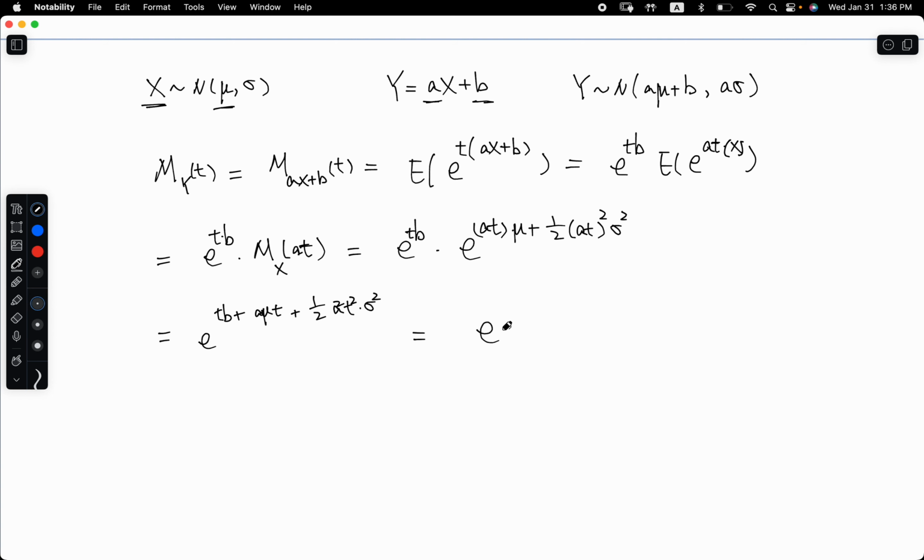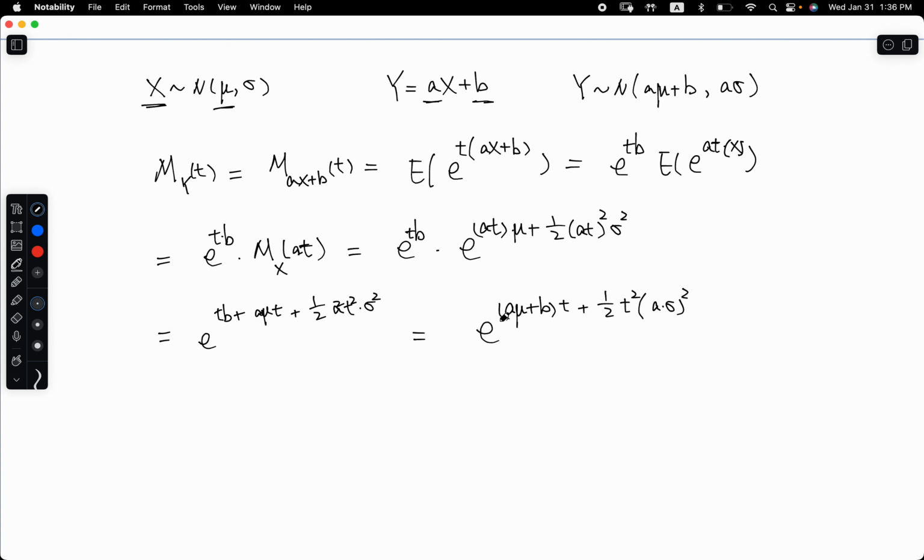Let's just group it. So here you have a multiplied by mu plus b altogether multiplied by t, and you also have 1/2 t squared and a squared sigma squared.